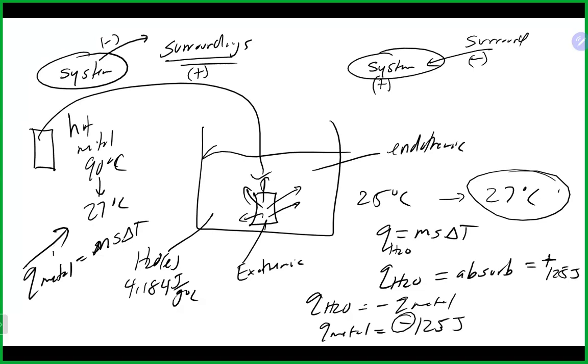You would have this number, for example, and you would have the change in temperature. And you could solve for something like we did a number of times, like the specific heat capacity of your metal by rearranging this.